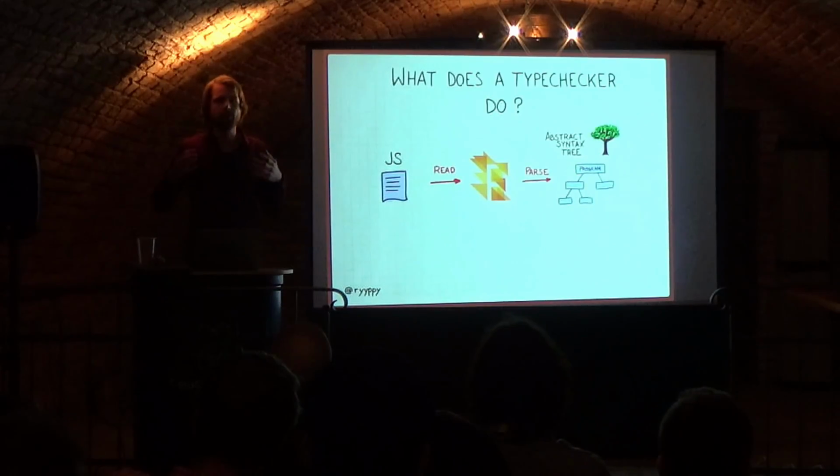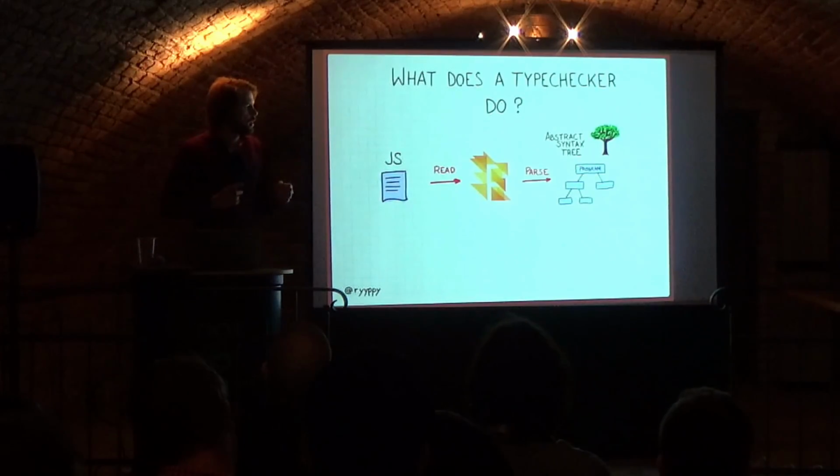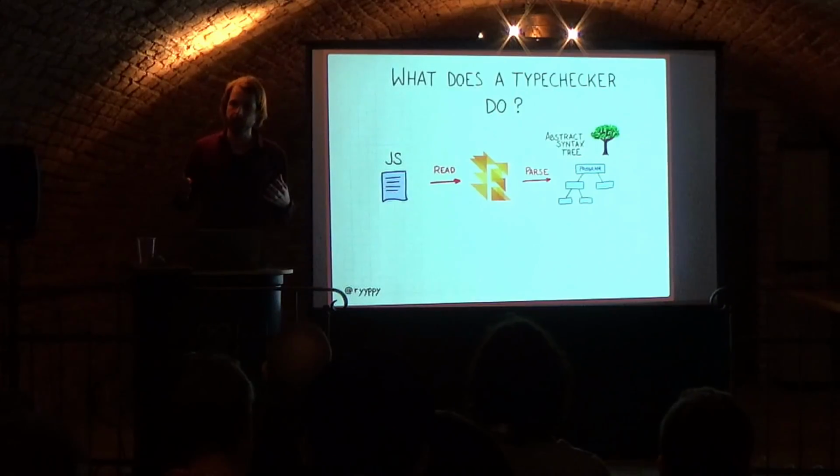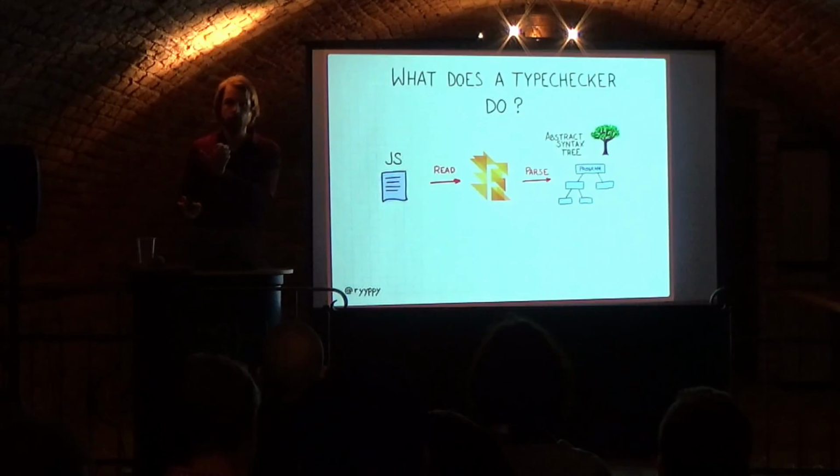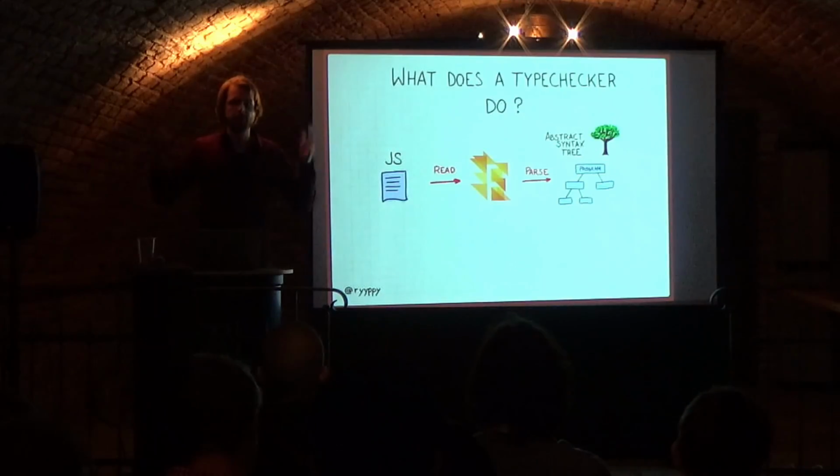It parses them as an abstract syntax tree, and an abstract syntax tree is nothing else than a data structure. It is a very concise set of data. So you can say a program has a function, this function has parameter 1 and parameter 2 with a type string and a type number, and has the return type string.